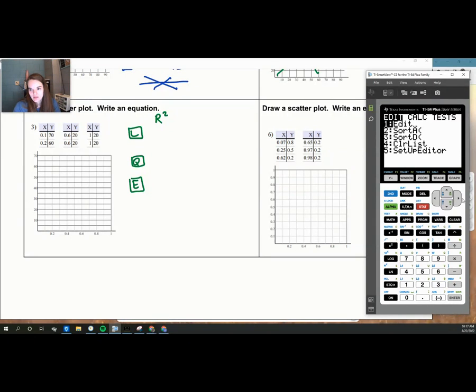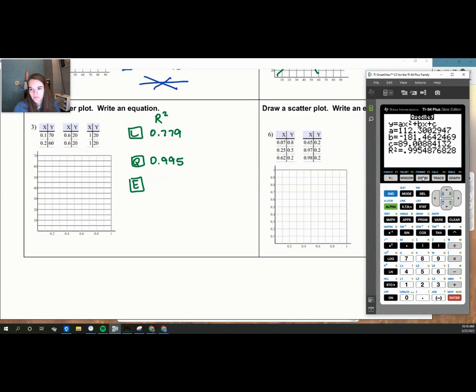Stat, calc, number 4, linear. 0.79. It is not. There's no way it's linear, right? I don't know, though. The first one was like that. Okay. Stat, calc, quadratic. Oh, that one's very good. 0.995. I don't know if exponential is better. We're going to look at that and see.